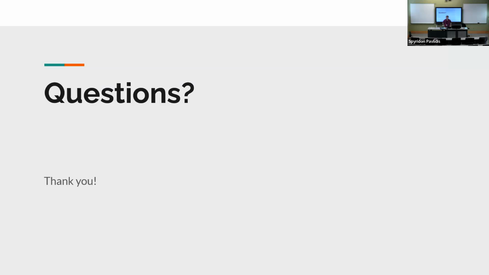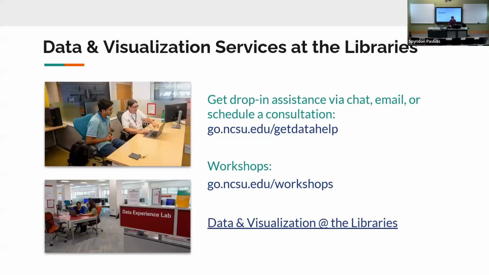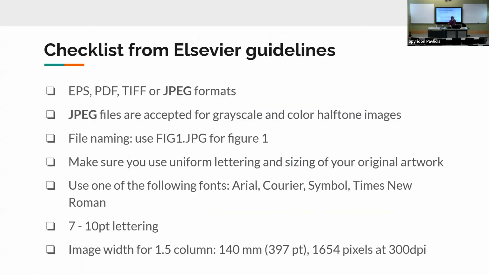From a design perspective, what about reading things on the screen versus printing it out on a poster? Are there any considerations in terms of font choices? Ooh, font choices, yes. I think the general rule of thumb, like the ones that Elsevier had on there: Arial, Courier, Symbol, Times New Roman, those tend to be better.